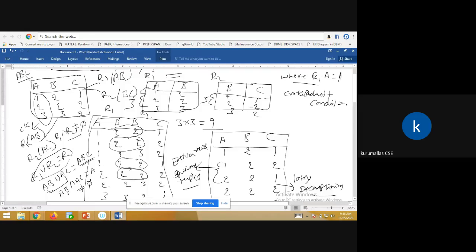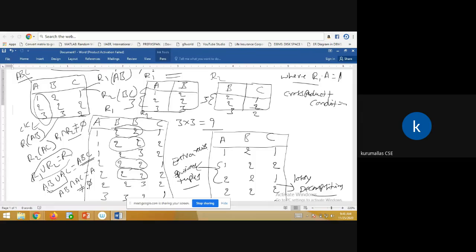If the values are common in both tables AB and AC, the first table and second table, the table should contain a common column, and that column should be in candidate key position.